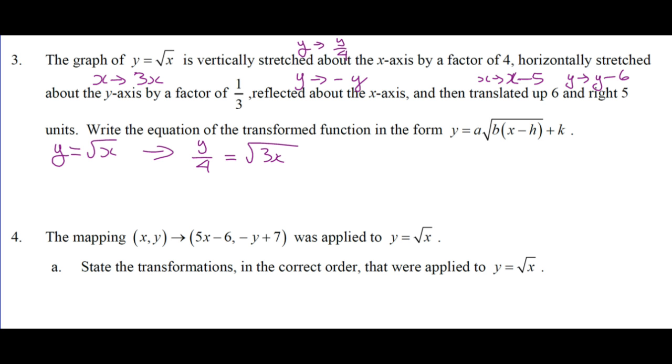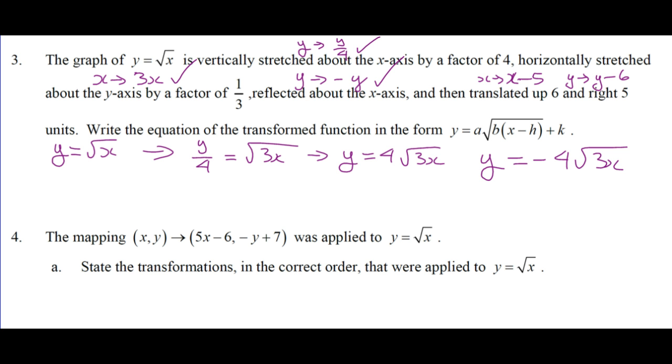And because I know what I want to end up with, I'm also just going to write y is equal to 4 times the root of 3x. Okay? So I've written it and now I've simplified it because I know what I'm aiming for, right? I want the y by itself. Okay, so check. Going to replace y with -y. I'm just going to move the negative, so -4 root 3x. Okay, check.